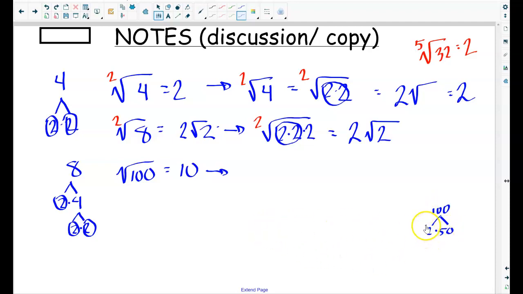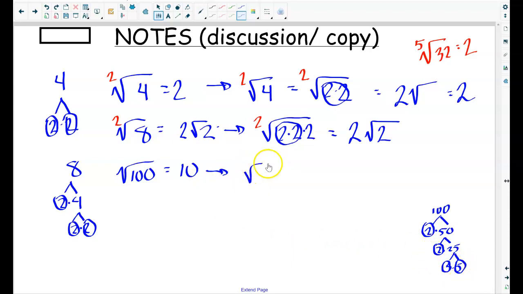This 2 is already prime. I can break 50 down to 2 times 25. I'm done with this 2, and 25 is 5 times 5. 5 is prime and 5 is prime. So 2 times 2 times 5 times 5 is 100.